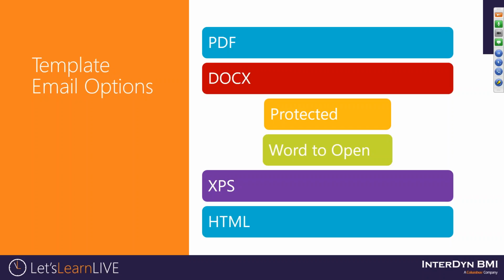We can send in PDF, pretty common. We can send in DocX, in other words, the more current versions of Microsoft Word. And it's important to note that if we produce a sales invoice to a customer in Word, the DocX extension, that can be a protected document, and of course your customer then would have to have Word to open that up, which makes sense because it's a Word document.